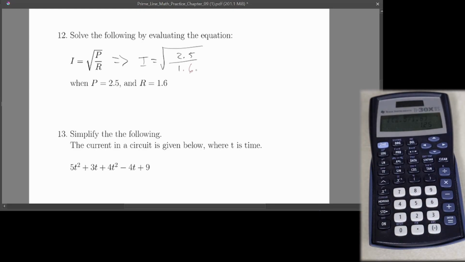And that gets us 1.25. We could reduce it or adjust our values as well to write it as a fraction, but that's a simple enough value for now.